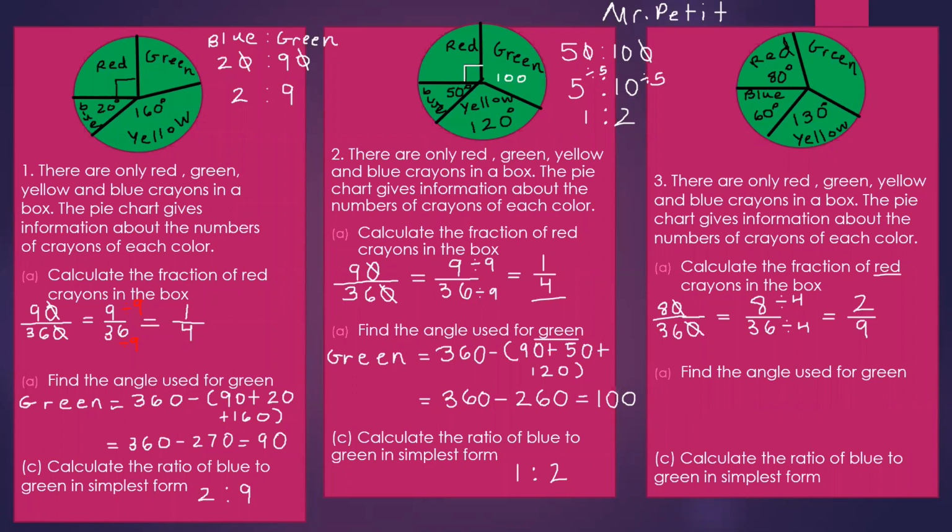Now we want to find the angle used for green. So for green, it's going to be equal to 360 degrees minus the sum of the angles in the circle, minus 270. So we have 80 plus 60 plus 130.